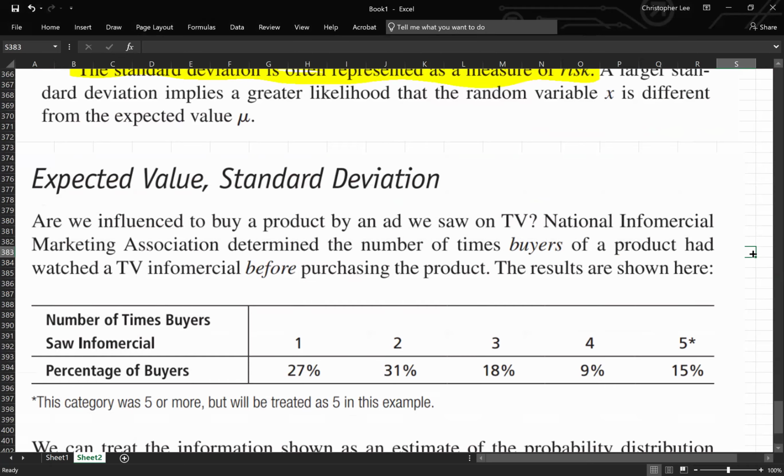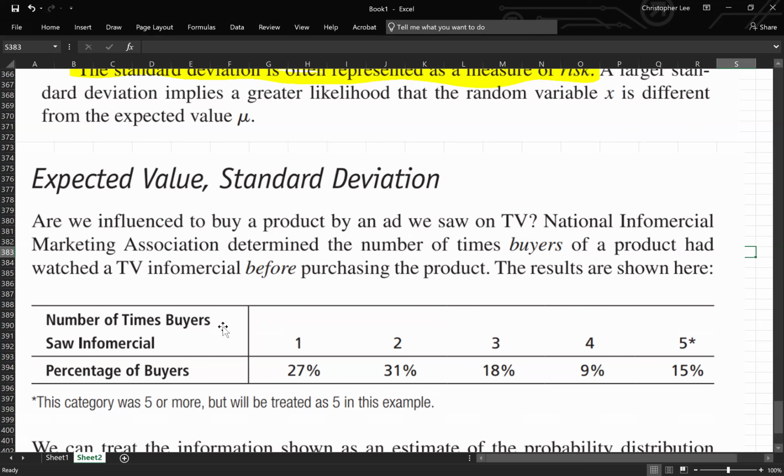Are we influenced to buy a product by an ad we saw on TV? The National Infomercial Marketing Association determined the number of times buyers of a product had watched a TV infomercial before purchasing the product. Here are the results.